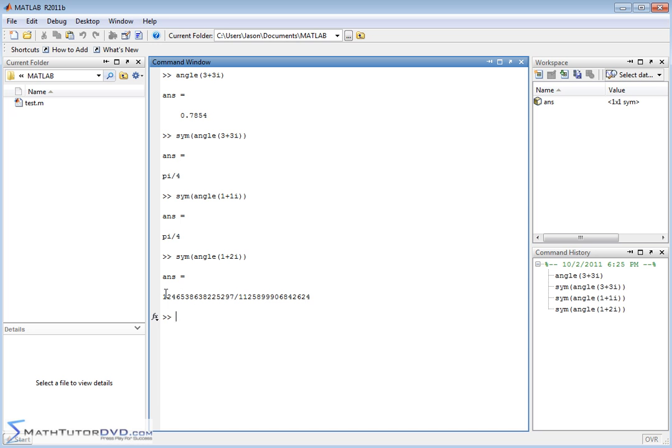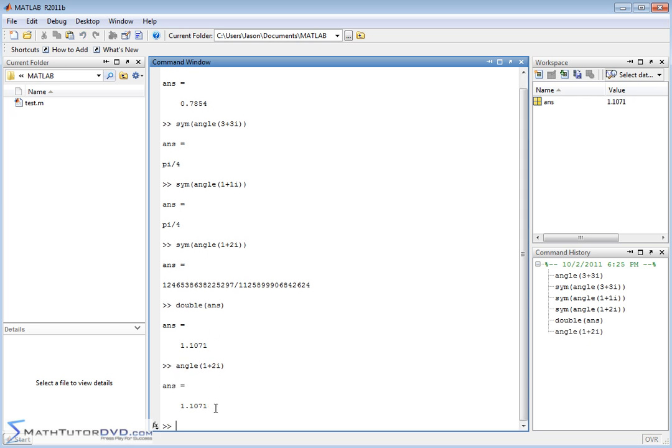If you take this giant number and divide it by this giant number, you get the answer, which is the angle here in radians. If you want to convert this, just type double of the answer and it will convert it to a number, which is exactly what you get if you remove the sym operator. And if you just ask MATLAB, what is the angle of the complex number here, it's going to return 1.1071.